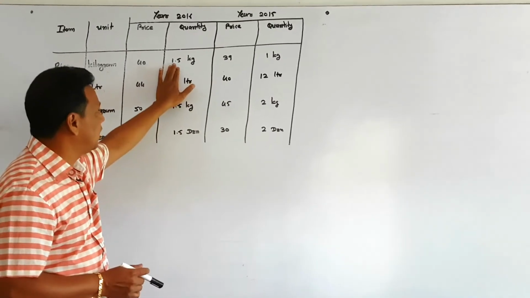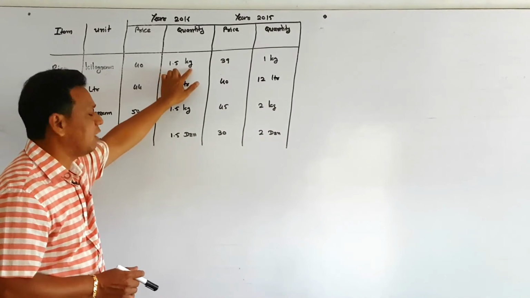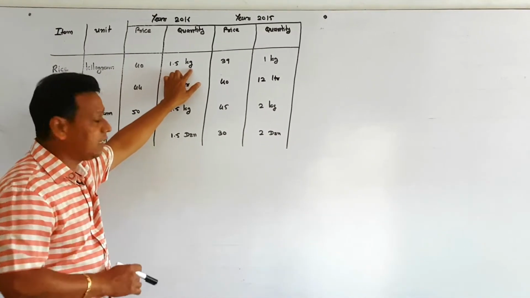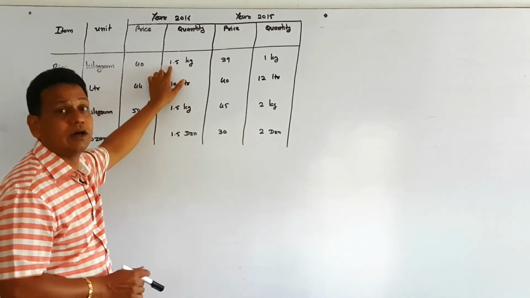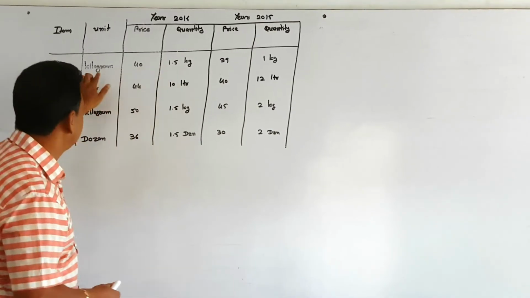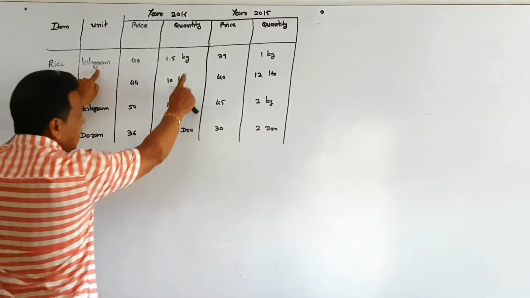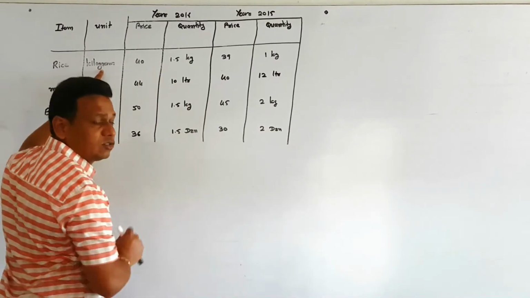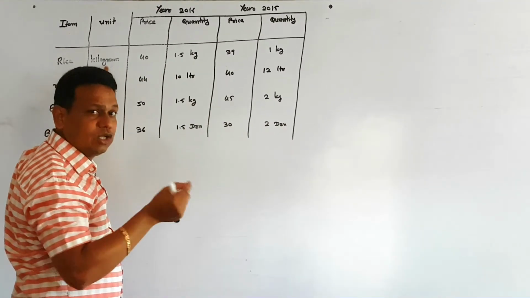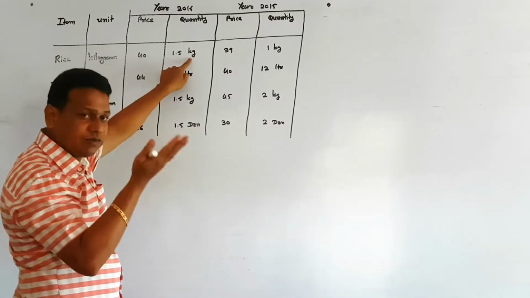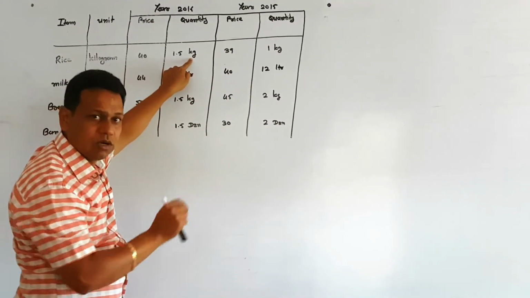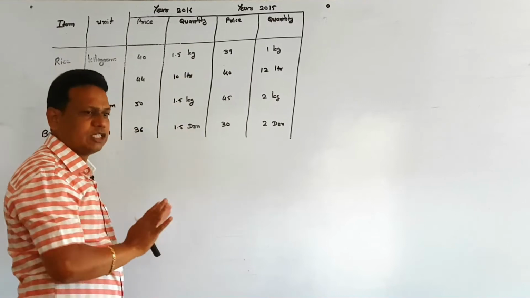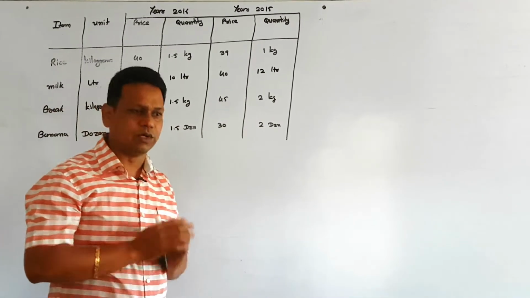If they are using 1.5 kilograms, instead they give 1500 grams. The unit is kilogram and they have mentioned grams, so uniformity is not matched. At that time we have to match the uniformity first. So we have to convert grams into kilograms. This is the simplest way to equalize the units.